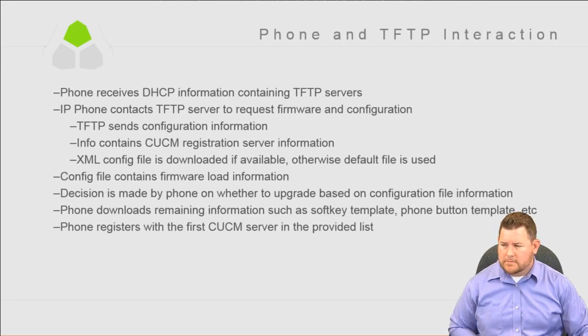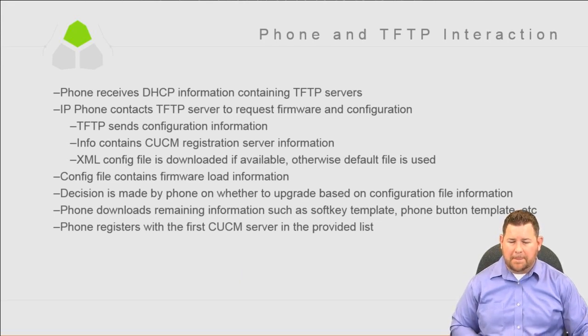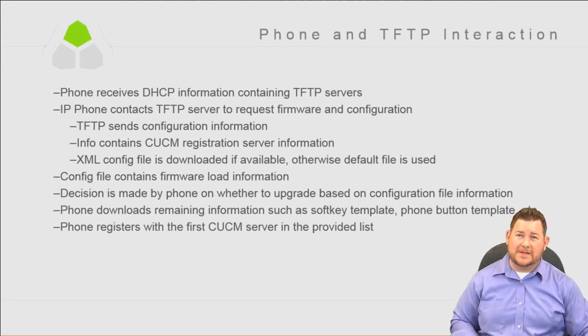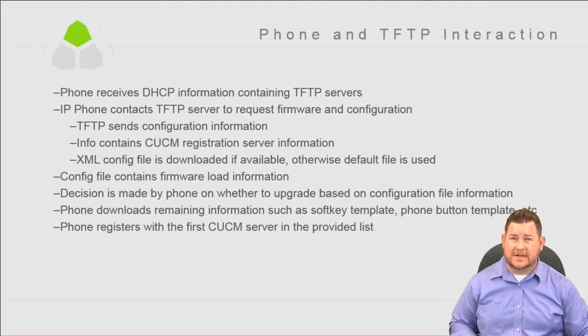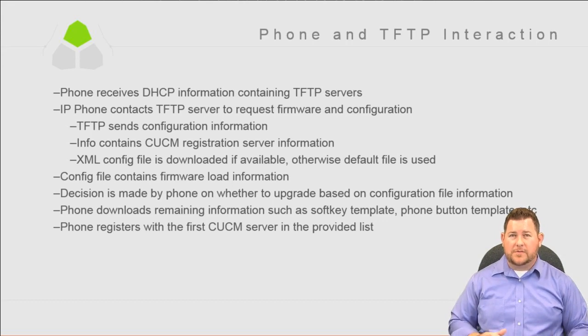All right, moving on here to the phone and TFTP interaction. I've kind of talked about this throughout to give you some context on what's going on here, but just to go through it to make sure we hit everything. Phone receives DHCP information containing the TFTP servers. Of course that's the first step.